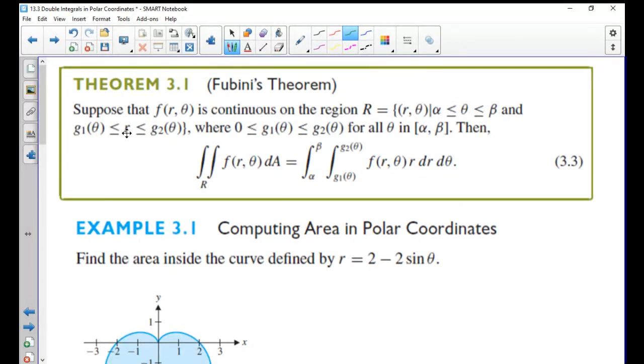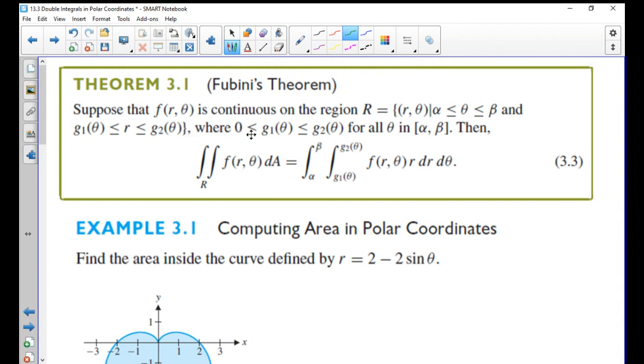If you compare this here, what were alpha and beta in the previous example? 0 to 2 pi. This was 0, this was 2 pi. And r goes from a function of theta to a function of theta like this. What was this in the example? 0. What was this? 2.